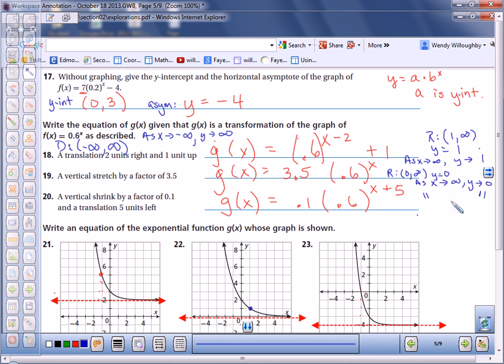So take a look at 18, 19, 20. Got those right. And then the last 3.